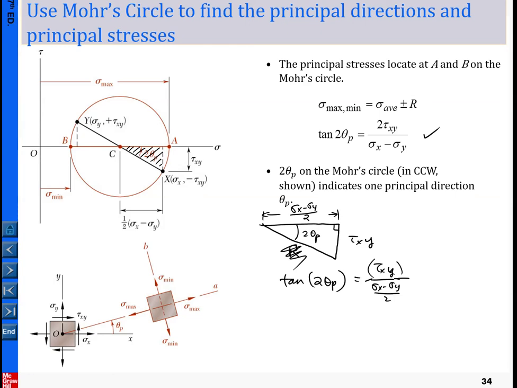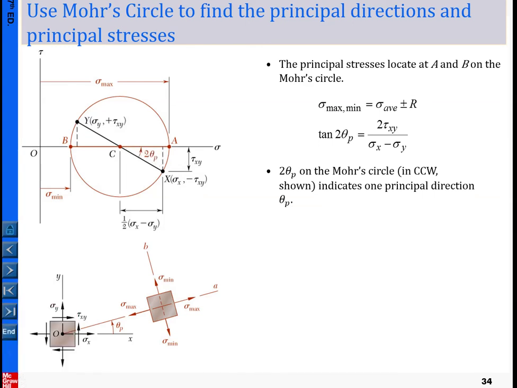Okay, now the final point I want to describe is this one. Once we determine the magnitude, how do we define the orientation? The orientation is this diameter with respect to our given state of stress, and now we identify the sense of rotation, which in this case is counterclockwise.